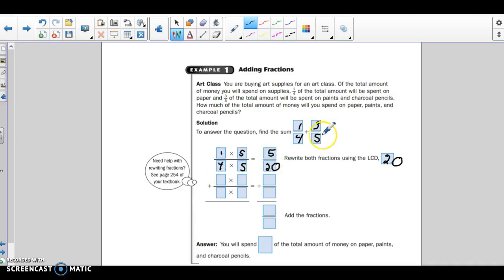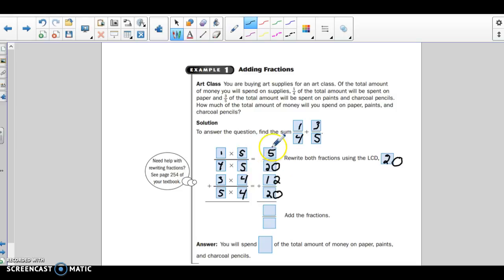All right, what's the other fraction we're adding? 3/5. And we need to rewrite it so the denominator is 20. What do we do to 5 to make the denominator 20? Multiply by 4. What you do to the bottom, you must do to the top. 3 times 4 is 12. Now can we add our fractions?